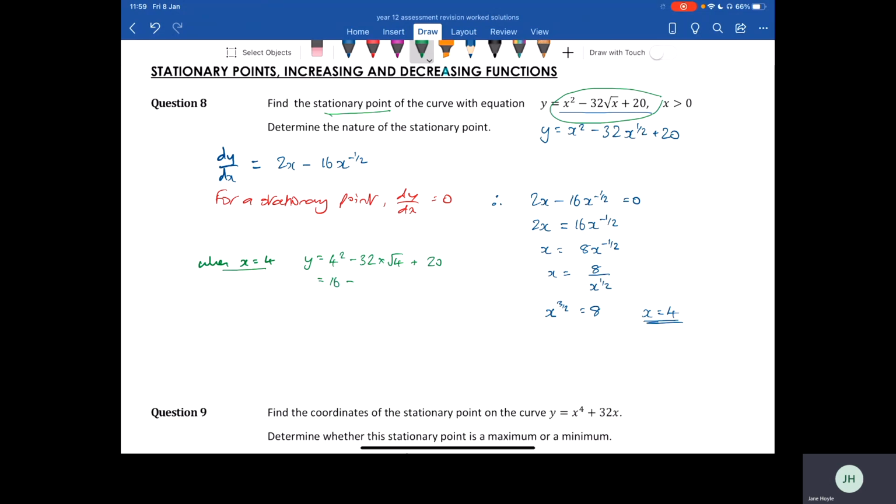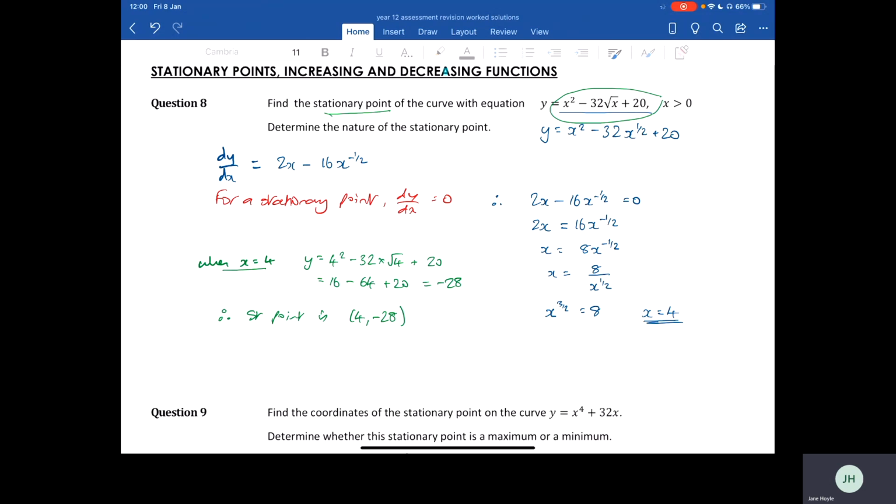So it's going to be 16 minus 32 times 2, minus 64, plus 20. So that's 36 minus 64, which is minus 28. So I know that the stationary point is at (4, -28).